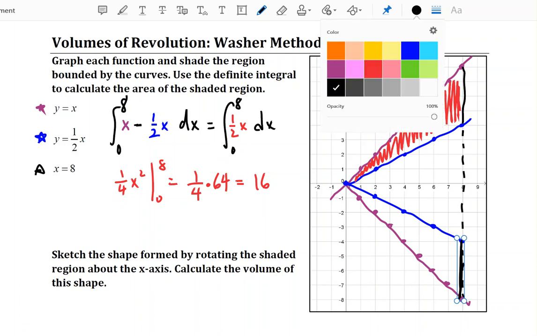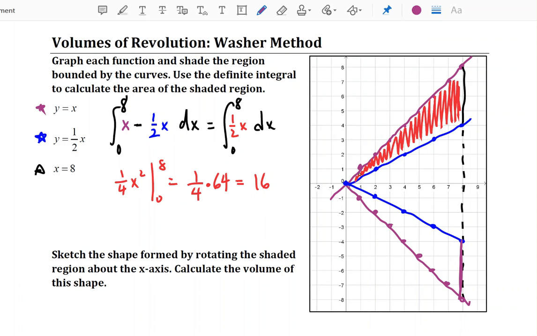And keep in mind that for each of the points along these graphs, as they rotate around, they're going to form circles. And we can just draw a few of them in to start trying to develop a picture of what this looks like. And we see that with these linear functions, we get another cone.